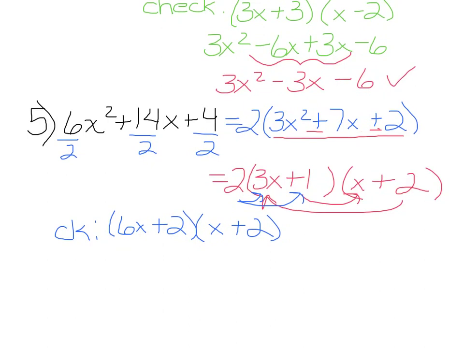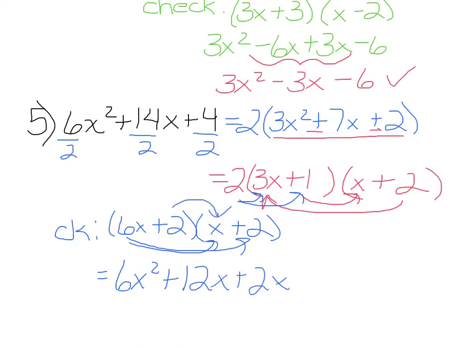So 6x times x is 6x squared. 6x times 2 is plus 12x. 2 times x is 2x. And 2 times 2 is 4. And that gives us 6x squared plus 14x plus 4. Is that what we wanted? Yes, it is.